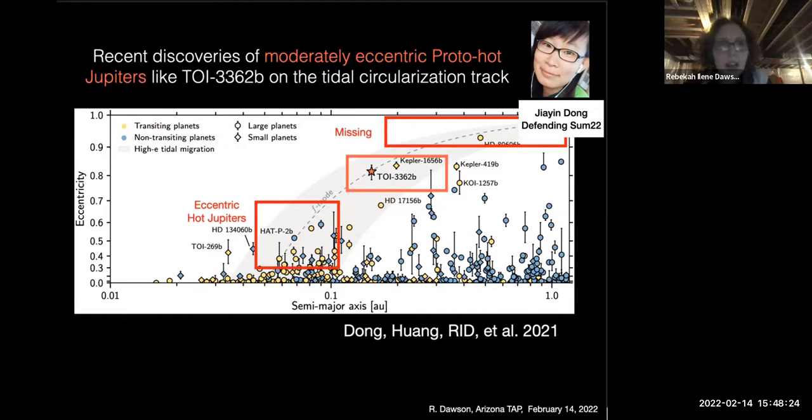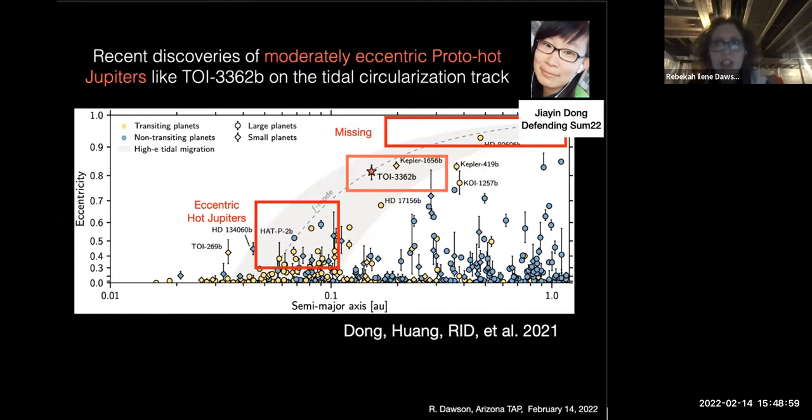But TOI 3362b, which we found and characterized with the TESS mission, is in an intermediate part of this high eccentricity migration track between the eccentric hot Jupiters that we know about in abundance and the missing eccentric Jupiters that we ruled out from the Kepler mission. So it's still quite close to its star. It's at 0.2 astronomical units, but it has quite a high eccentricity of 0.8. So it seems like it's well on its way to becoming a hot Jupiter.